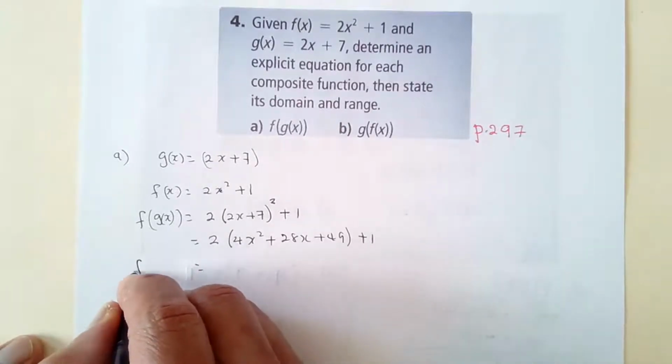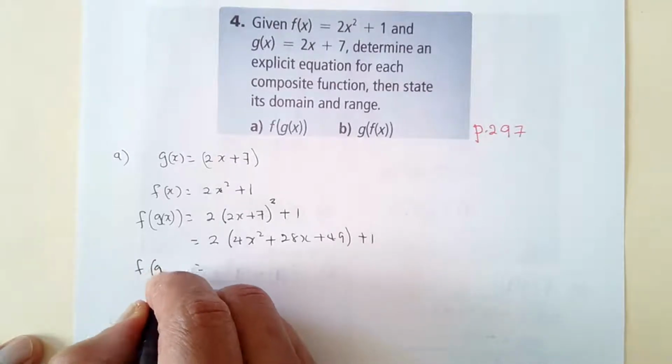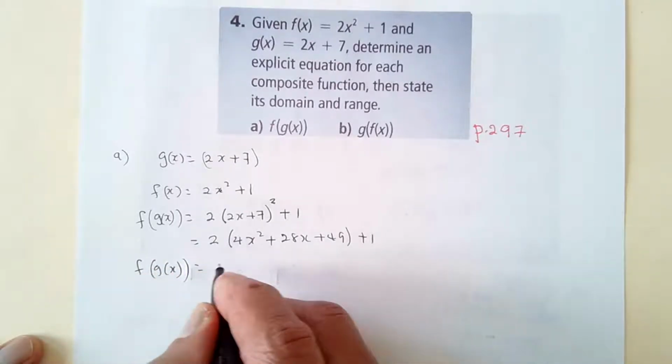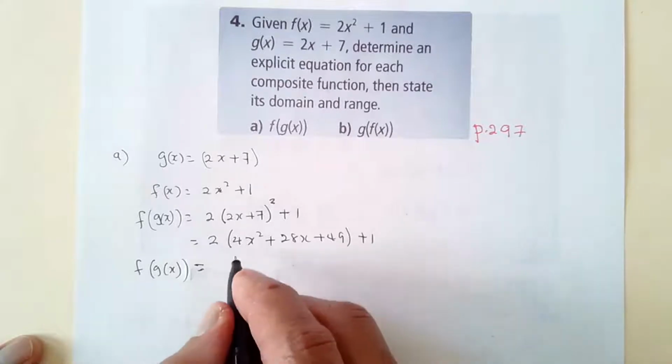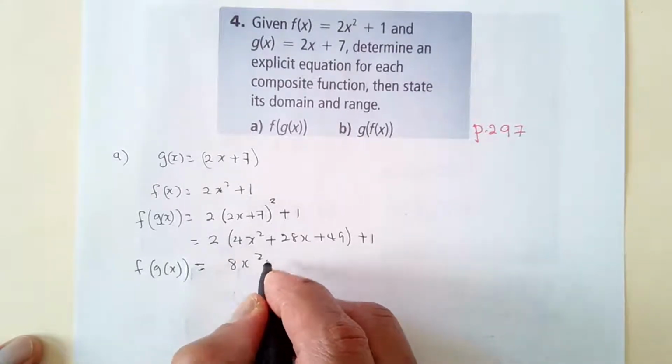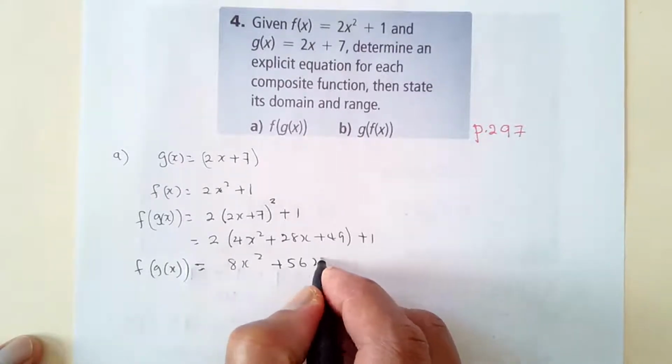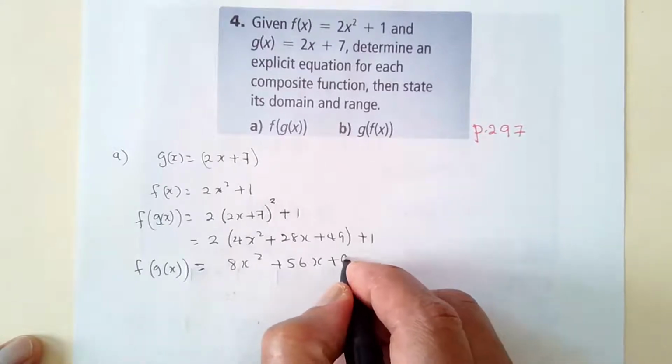So f of g of x turns out to be 8x squared plus 56x plus 99.